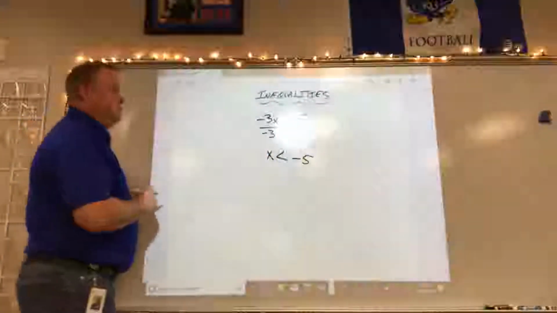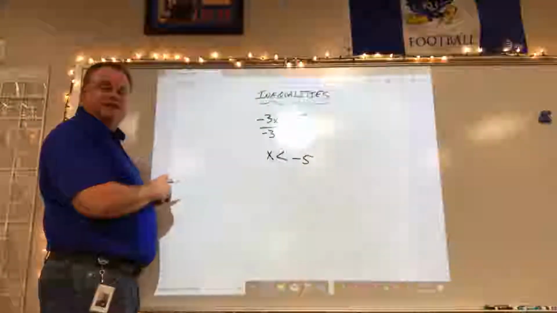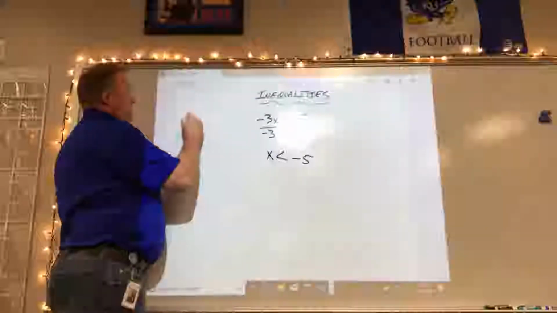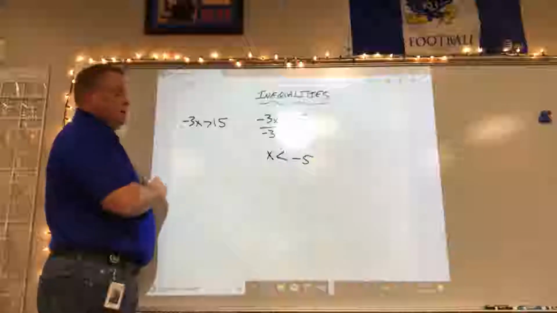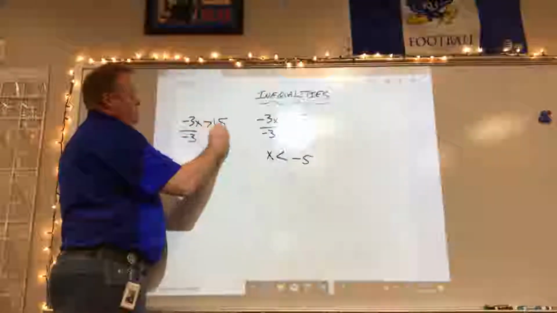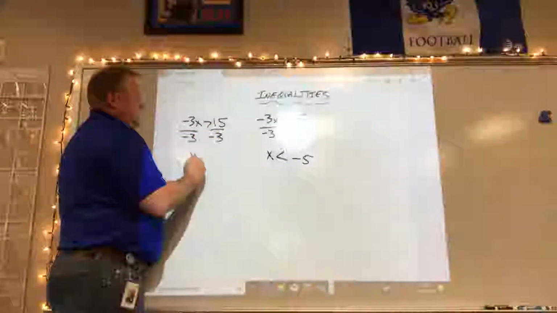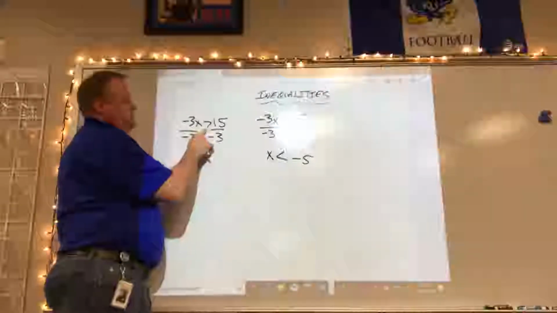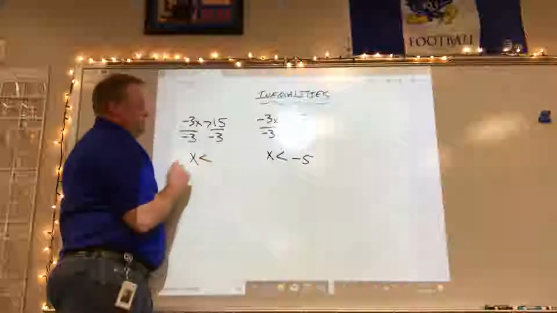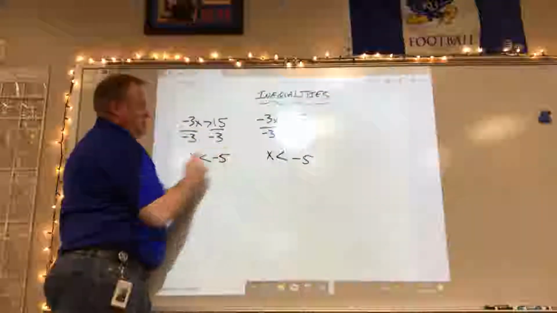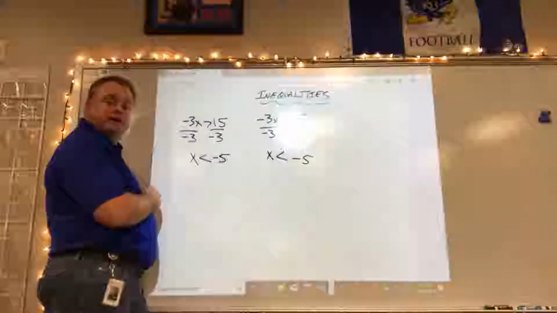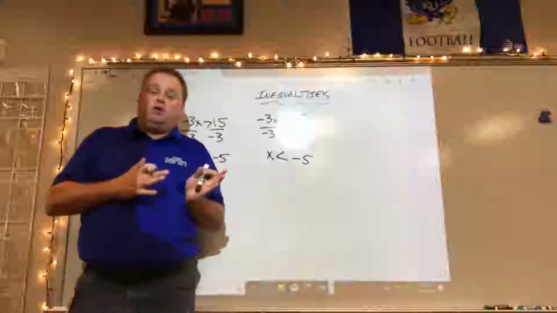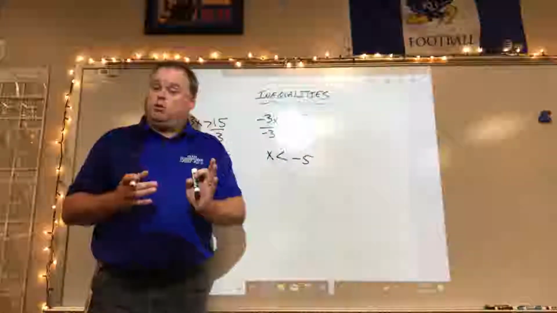So let me write it over here just a little bit because I can see that little spot in the video. So you can see it right there. If I divide by negative 3 and divide by negative 3, then I must flip this inequality sign to this direction, and it becomes x is less than negative 5. And that's if I multiply or divide across the inequality sign.